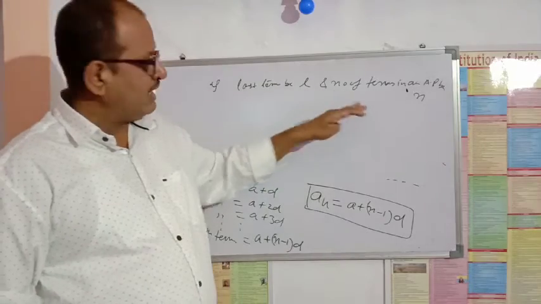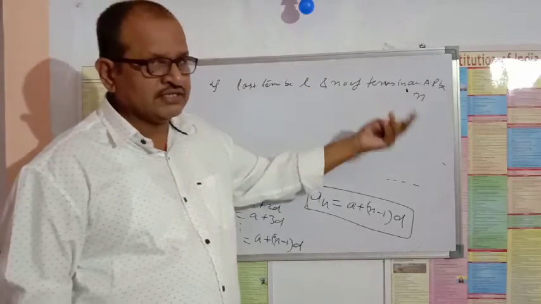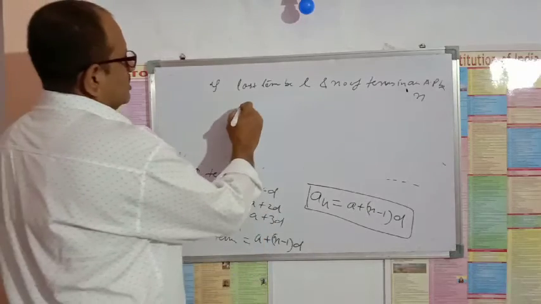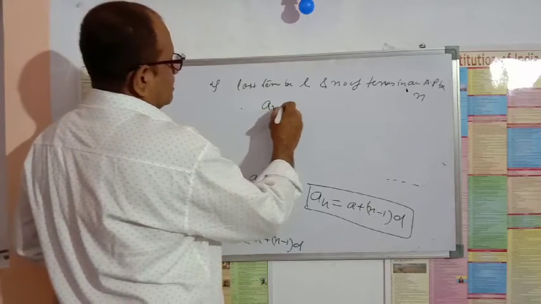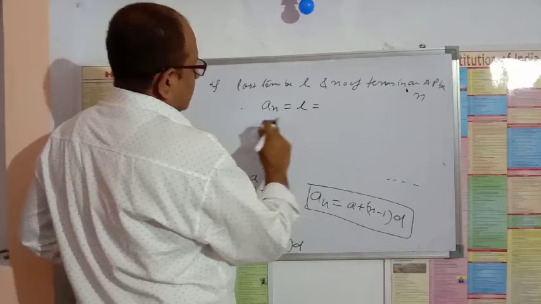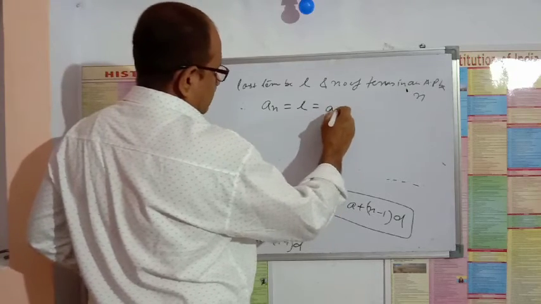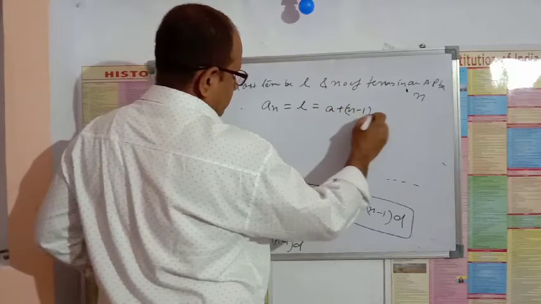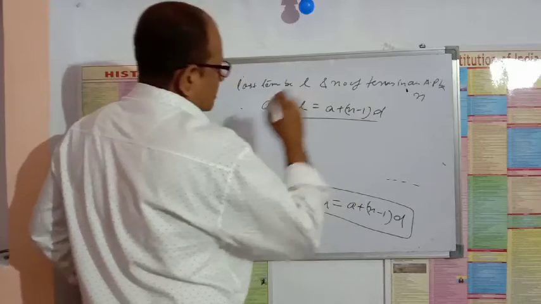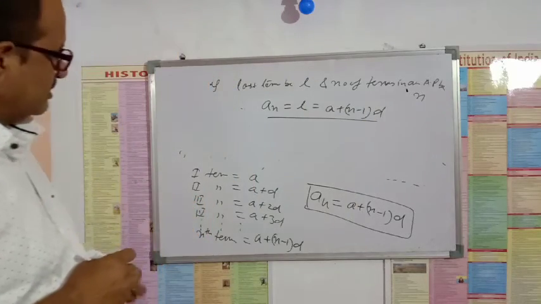Total terms n and last term l. It means the nth term will be the last. So we write the nth term is equal to l, and the nth term is a + (n - 1)d. The last term will be the nth term.